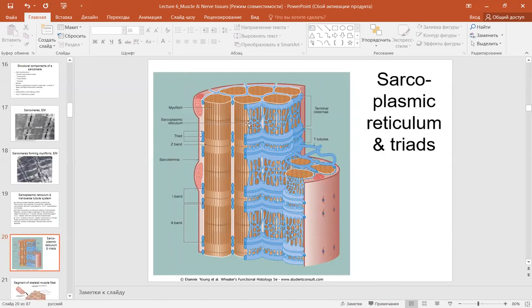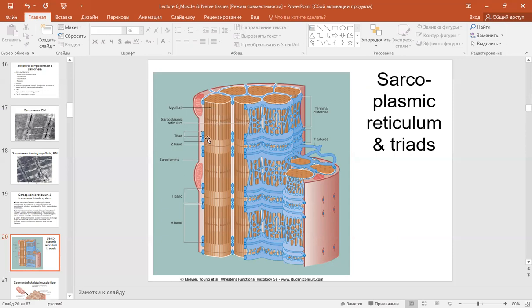Here we have a sarcoplasmic reticulum and triad, tubulus transversum, two cisterns of sarcoplasmic reticulum forming triad. This is the network of the small segments of sarcoplasmic reticulum, and this is another cistern of the sarcoplasmic reticulum, and this is the orifice of the tubules, invagination of the plasma membrane inside the sarcoplasm.